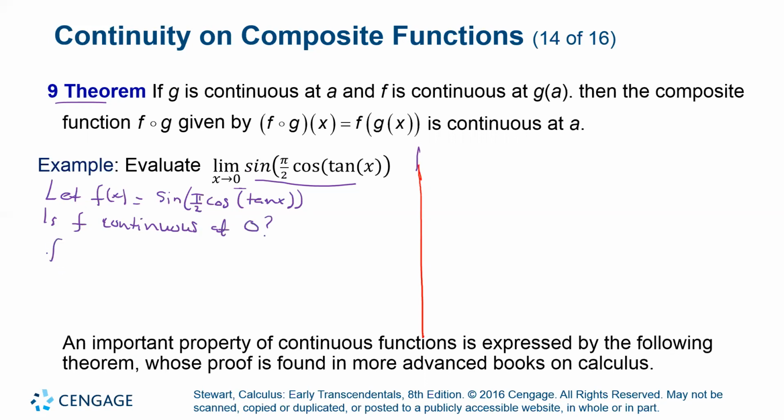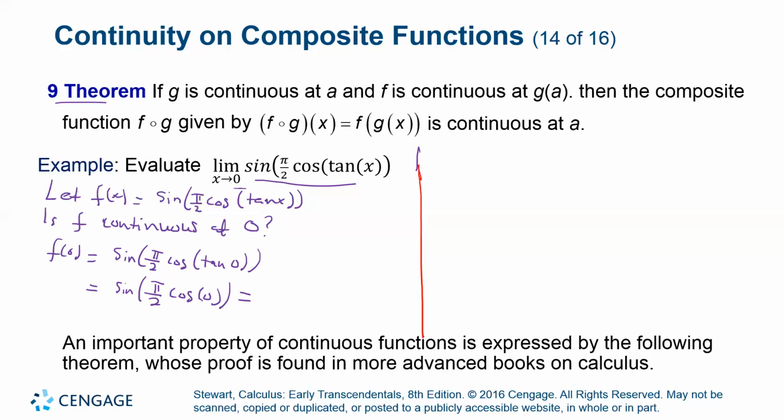So first, let's find what f of 0 is. F of 0 means sine of pi over 2 cosine of tangent of 0. 0 is in the domain. Now, what is tan 0? Tan 0 is 0. So we get pi over 2 cosine of 0.